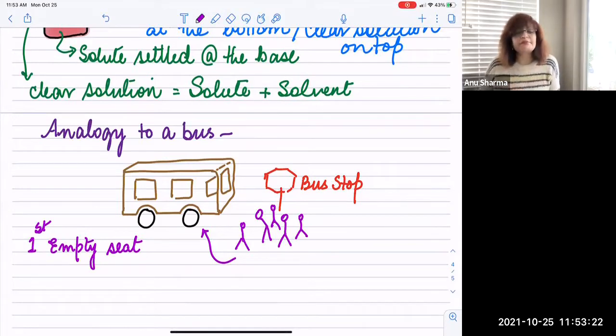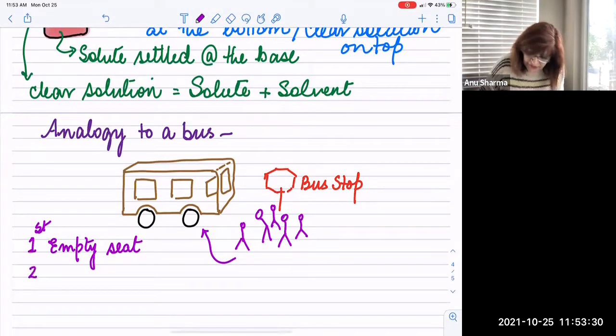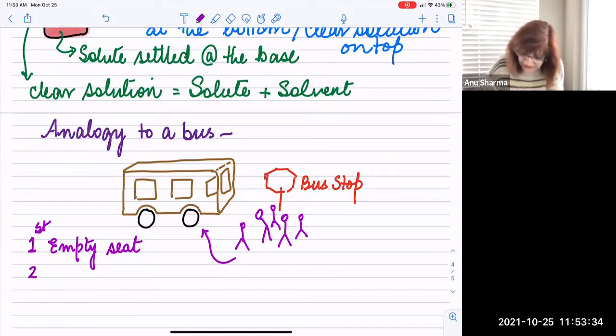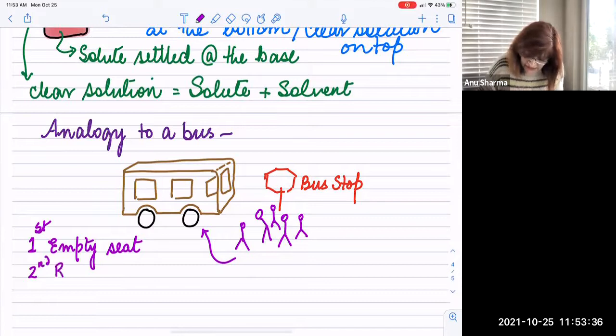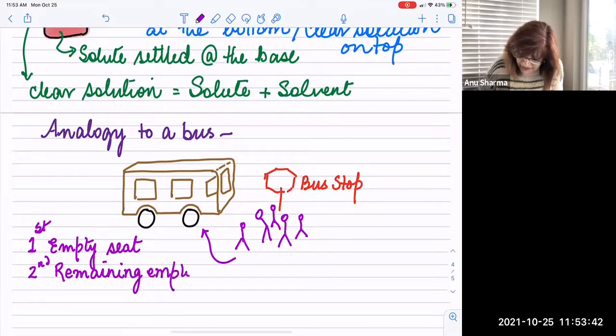Next, the bus begins to move and goes to the next bus stand. More people are standing there, and they board the bus. They sit down on the remaining empty seats.